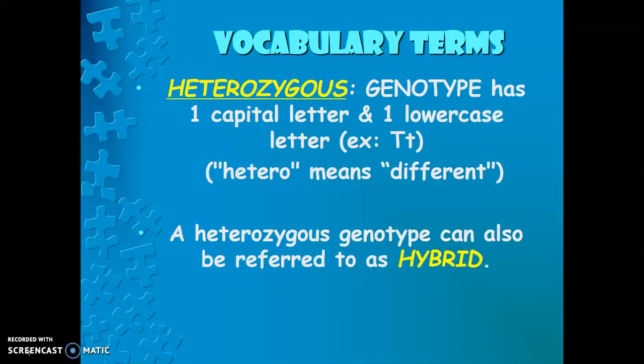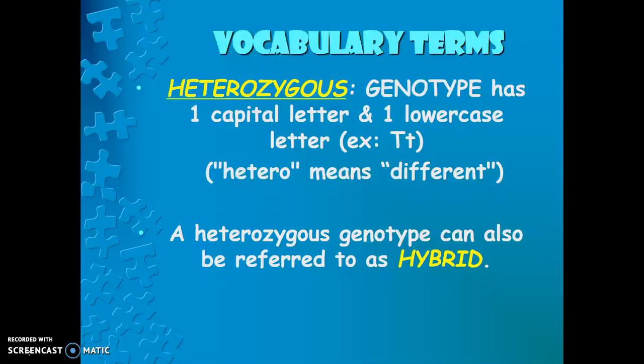Now, if you have one of each, a dominant gene and a recessive gene, a capital letter and a lowercase letter, then you are heterozygous, because hetero means different, and your two genes are different. You have two different copies of the gene, so heterozygous. Another word that you can replace with heterozygous is hybrid, because a hybrid means a mix of two things.